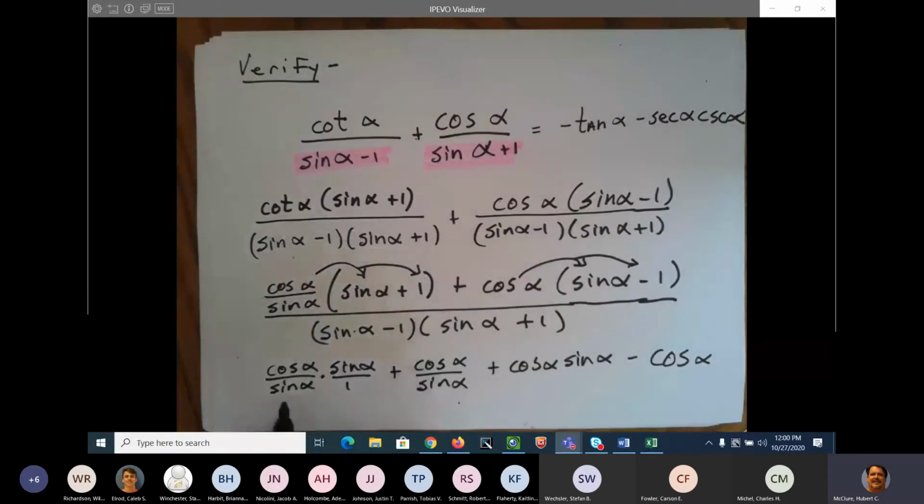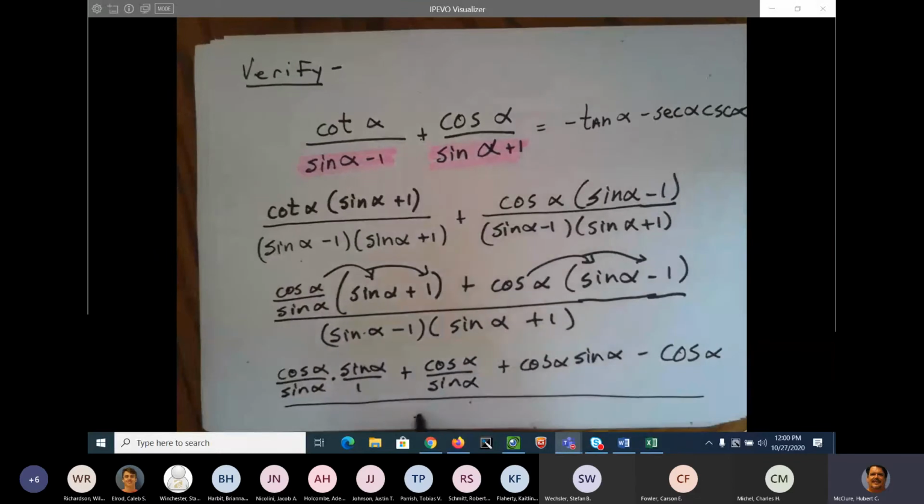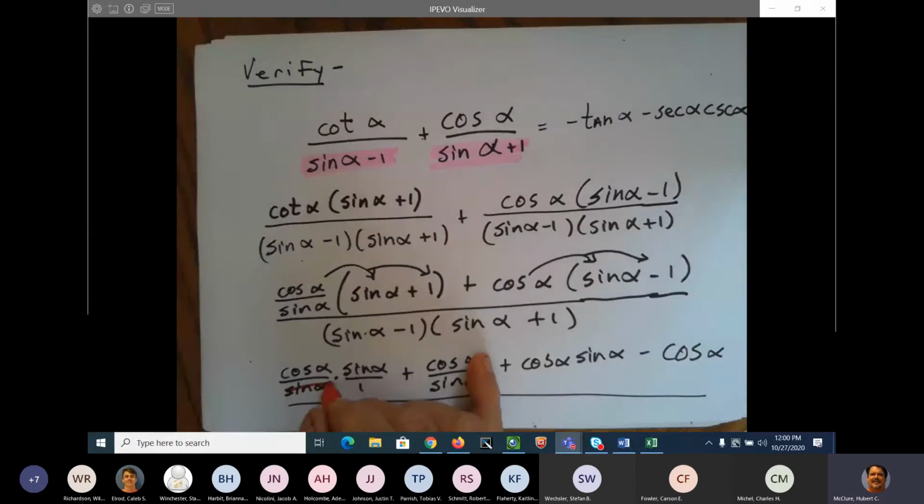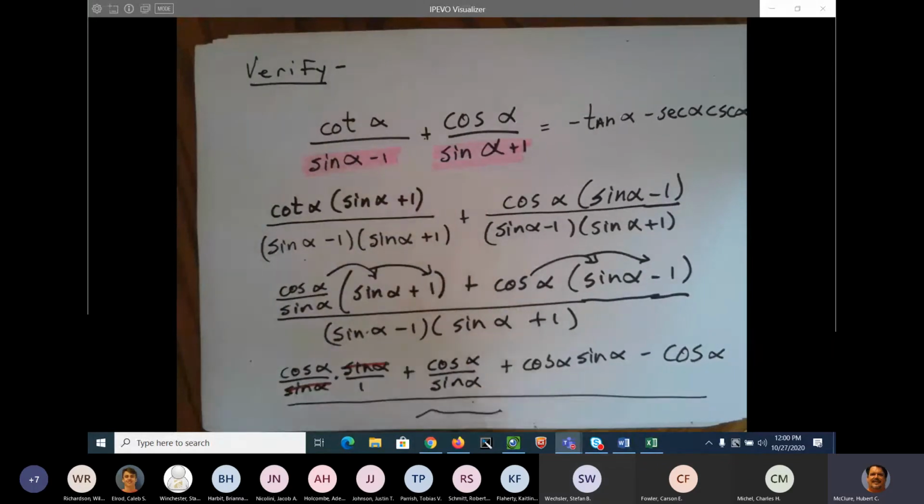Now I'm going to put all that over a squiggle. I'm not going to write that denominator 15 times. That little squiggle means denominator written. Denominator, you're not going to do anything. All right, now what happens to these two sines? They cancel, and that leaves you with what?